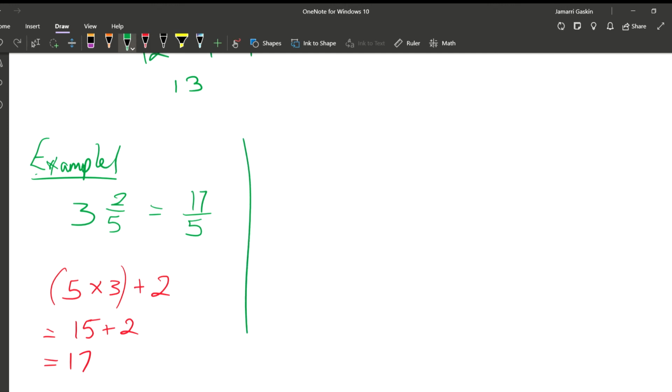Bad handwriting, sorry. So let's have an example 2. Let's go with 9 and 2 over 3. We know that our answer will have a denominator of 3, so we're just trying to find the numerator. We multiply our denominator by our whole number, so 3 times 9.